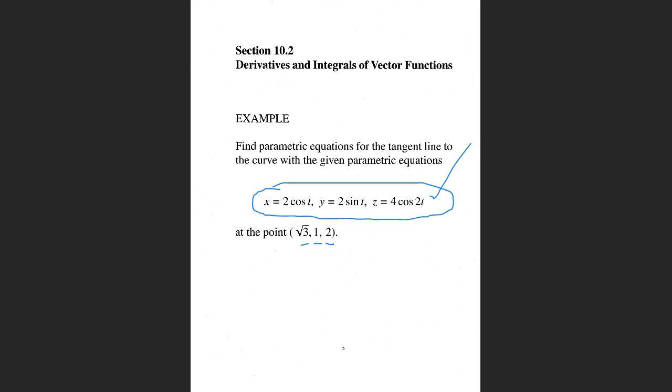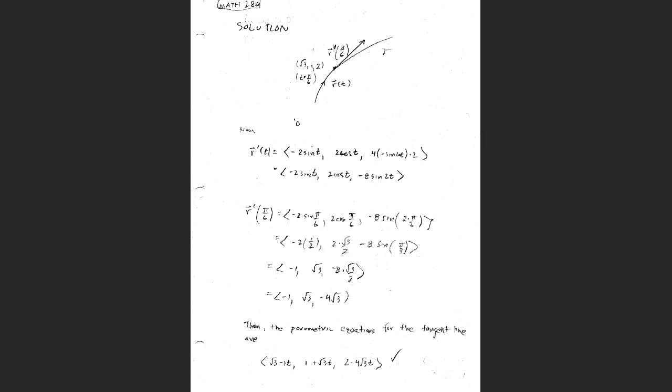So I'll go to the next page and show you my little sketch, and then we'll solve the problem. Are there any questions? Okay, so here I've drawn, this is just a representation of a space curve, r of t.